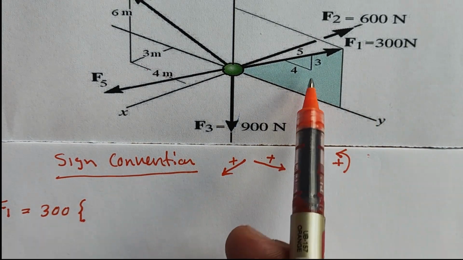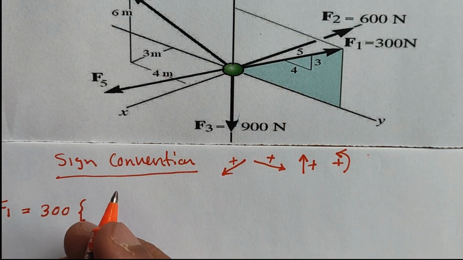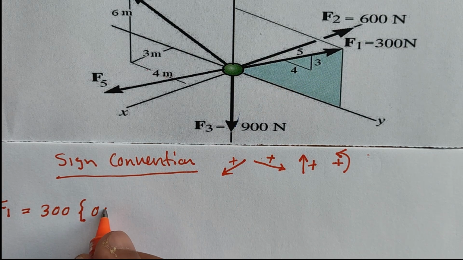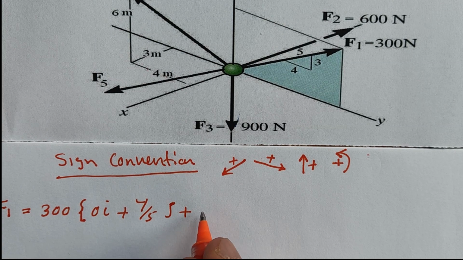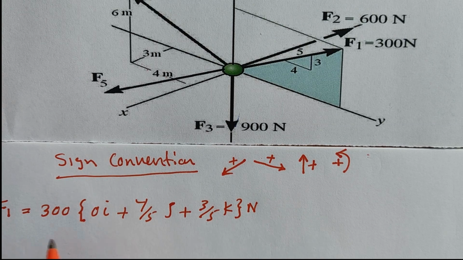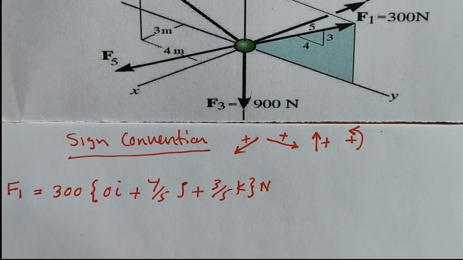I don't have any coordinates, but I've got the similar triangle here, which is 0i plus 4 over 5j plus 3 over 5k. That's F1 in a Cartesian form.